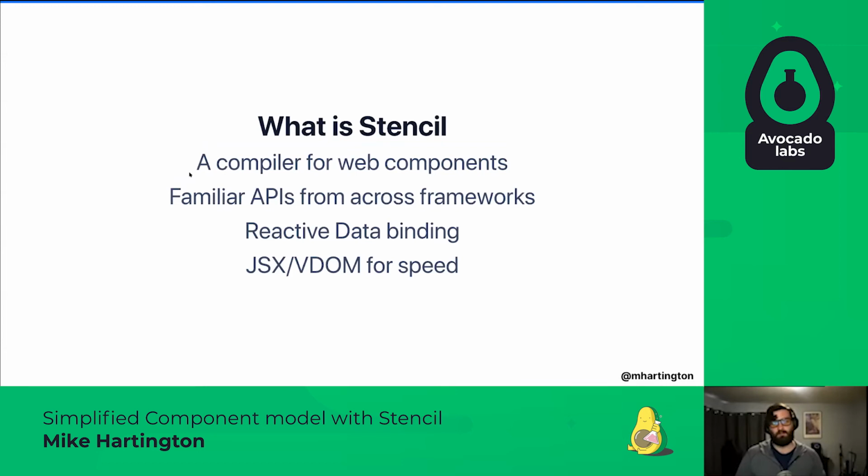So if you're used to things like AngularJS directives, decorators, or React's render function, this should feel pretty familiar. So it does use JSX and VDOM for diffing and speed, but it also has reactive properties, like anything which comes from Vue. So any changes that happen on them, they're automatically updated.